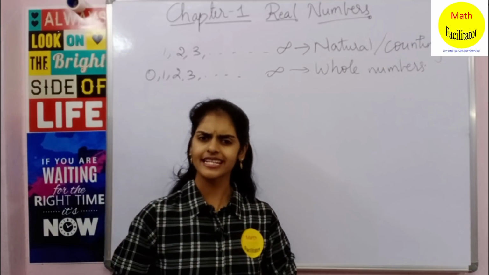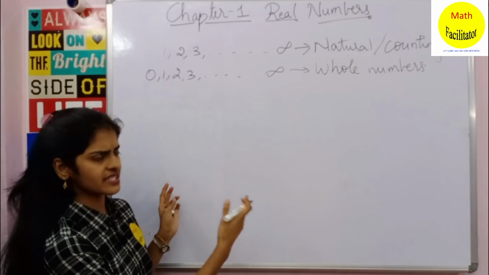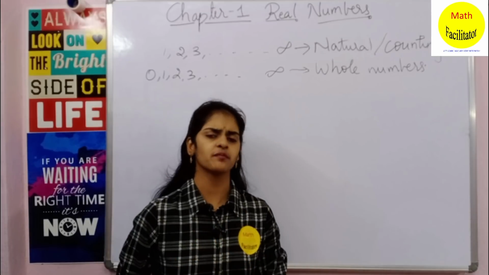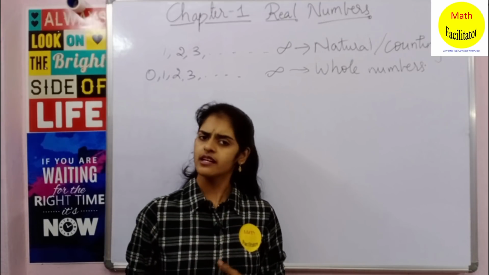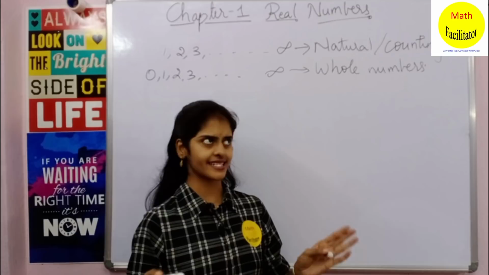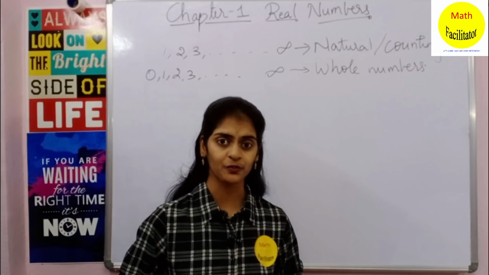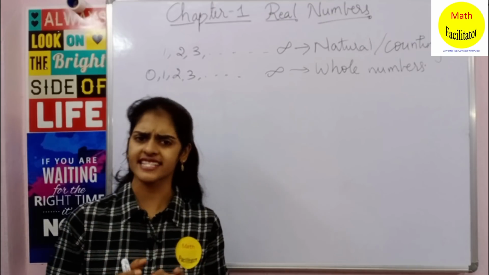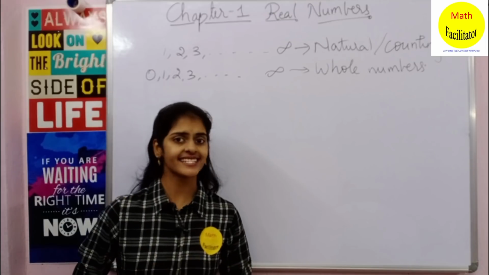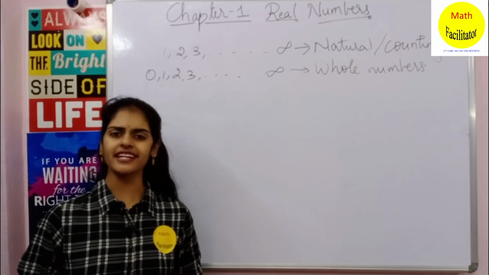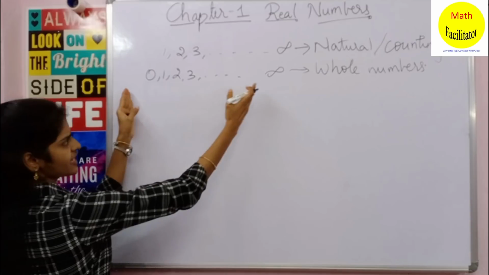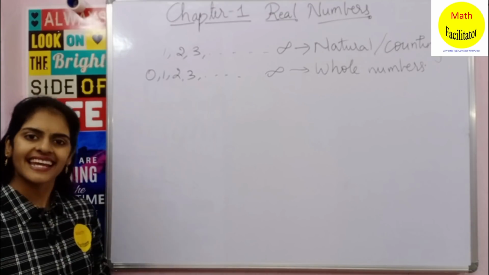Now we also need negative numbers along with these numbers, yes or no? For example, if I have to measure temperature, we say the temperature is minus 10 degrees centigrade in Chicago. Now what is this minus 10 degrees centigrade? Minus 10 is a negative number. So if we add negative numbers to this set of numbers, then we get integers.